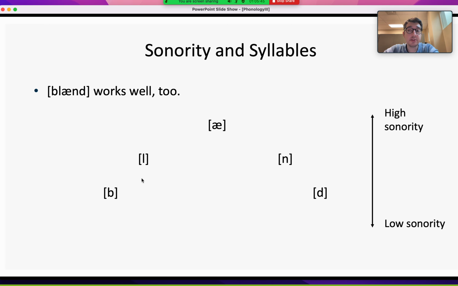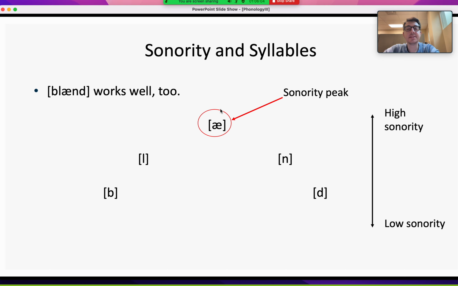Blend works well too. So on some kind of imaginary scale, b would be 0 in sonority, l maybe 5, and e 10. N again 5, and d 0. So it goes up and down, right?